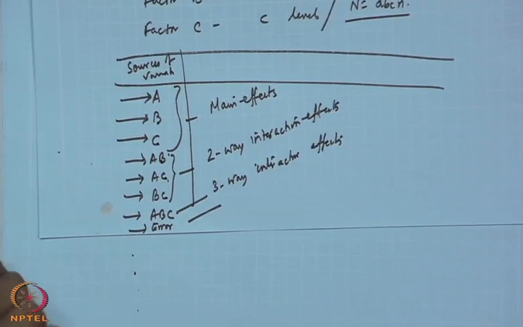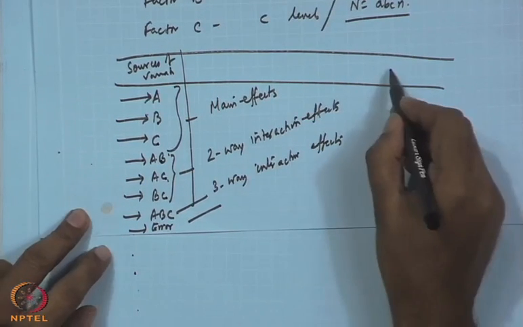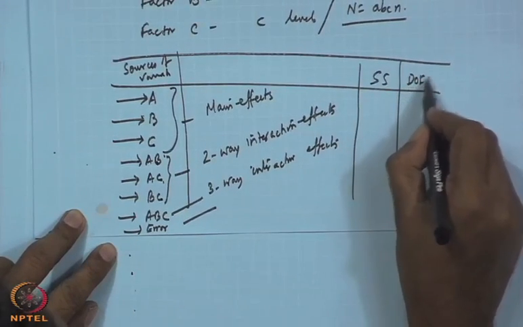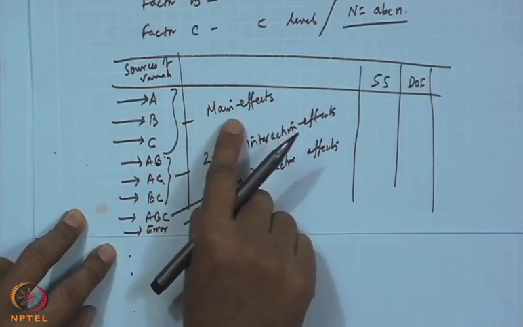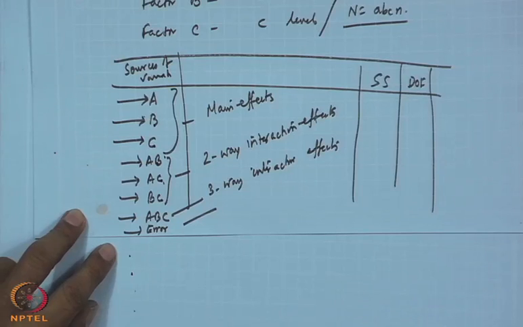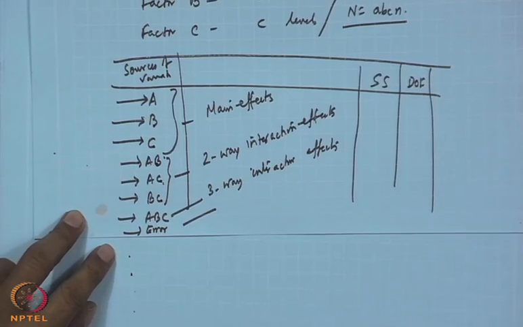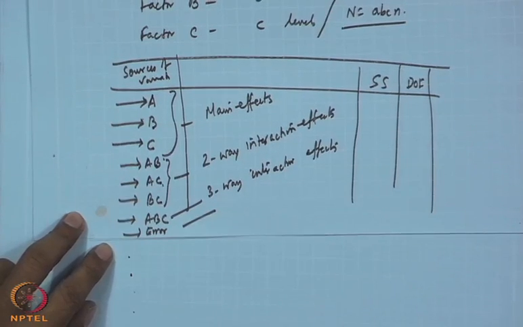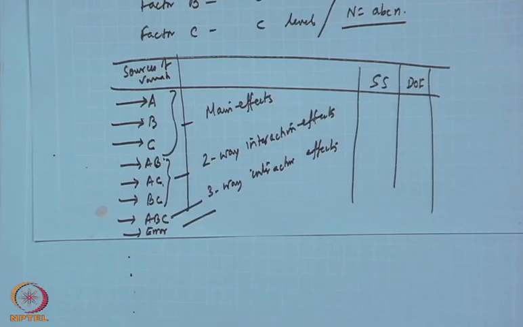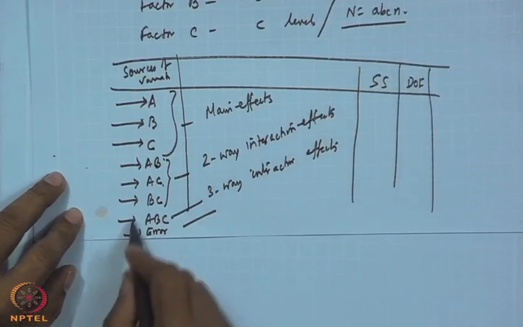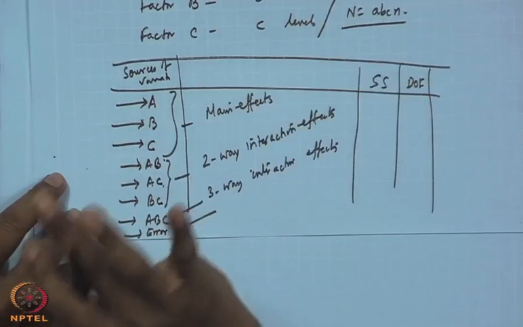You have to find out the SS everywhere, then the degrees of freedom. Degrees of freedom for main effects are A minus 1, B minus 1, C minus 1. For interaction AB it is (A minus 1) into (B minus 1), for AC (A minus 1) into (C minus 1), and for ABC (A minus 1)(B minus 1)(C minus 1). For total it is ABCn minus 1, and for the error part just subtract.